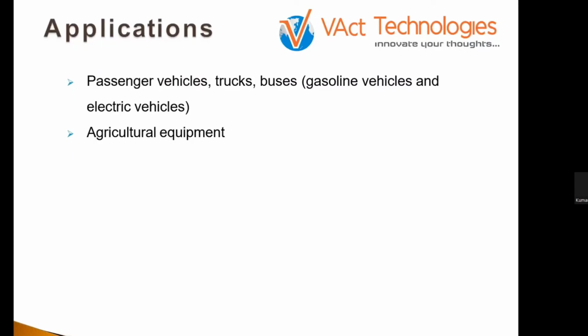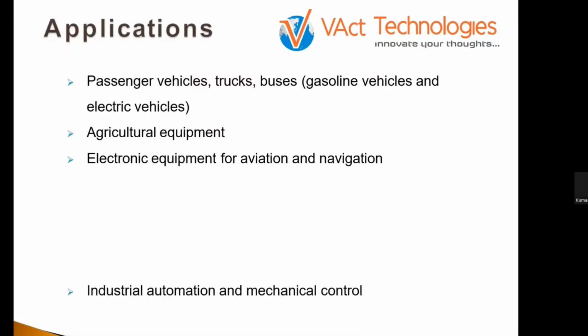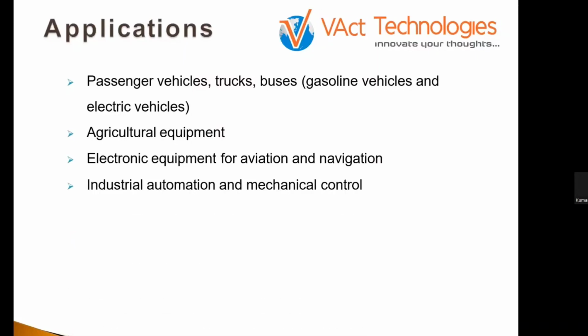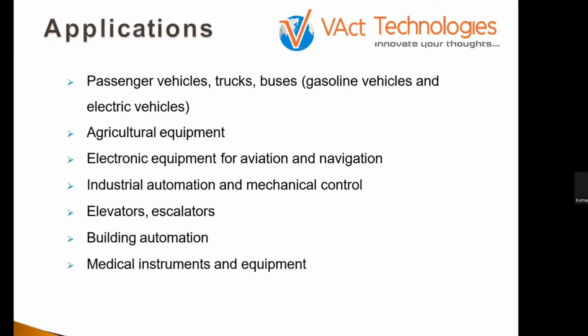It's used in passenger vehicles, trucks, buses, agricultural equipment, and electronic equipment for aviation and navigation. It is also used in industrial automation and mechanical control, elevators, escalators, building automation, medical instruments and equipment, model railways, and roadways.